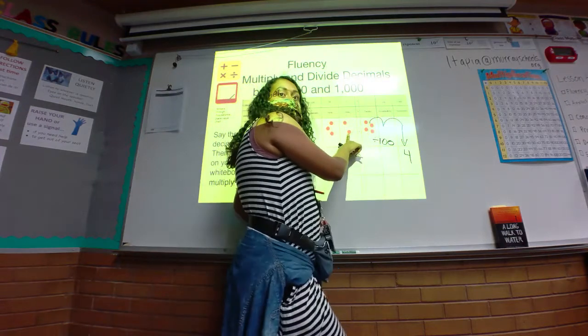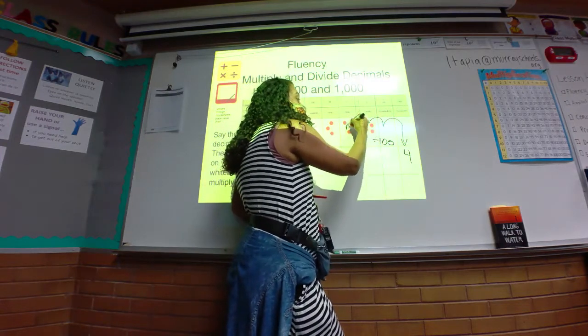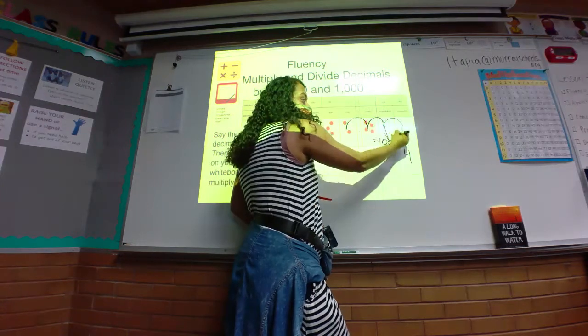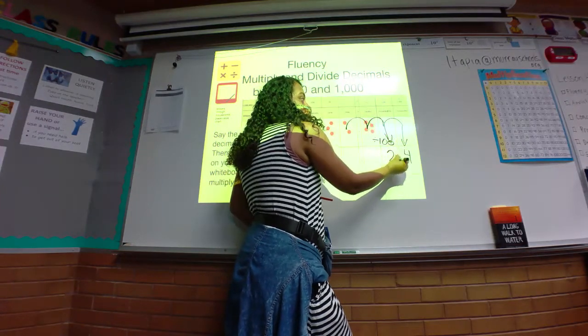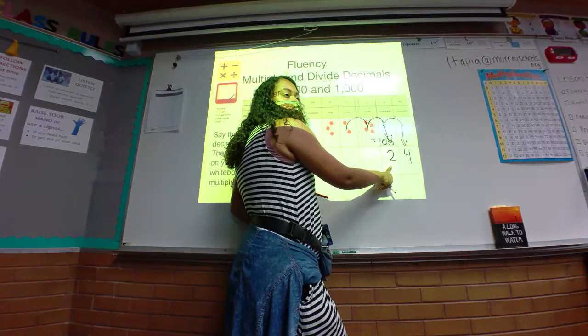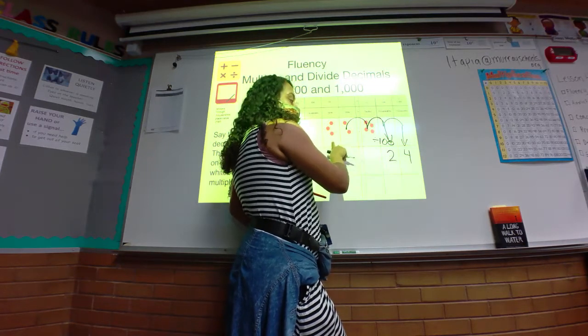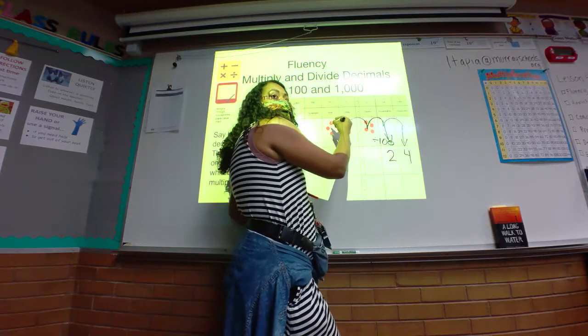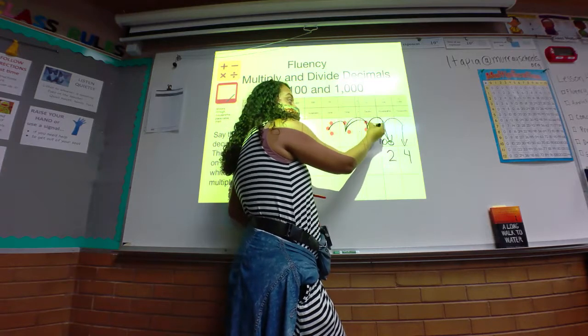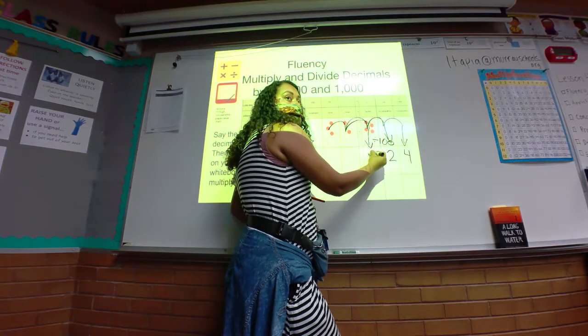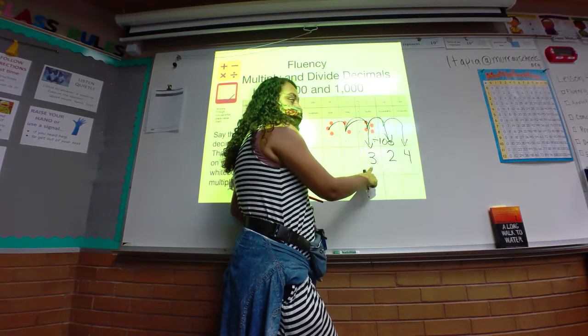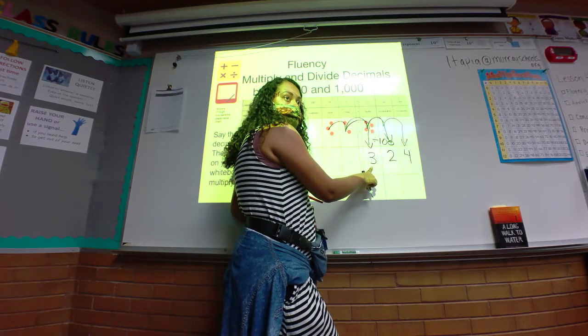Okay, now the next one. Thank you, Dylan. 1, 2. Drop it down right here. 2 in the hundredths. Good, Ledger. Okay, next one. 1, 2. Drop it down right here. 3 in the tenths place.